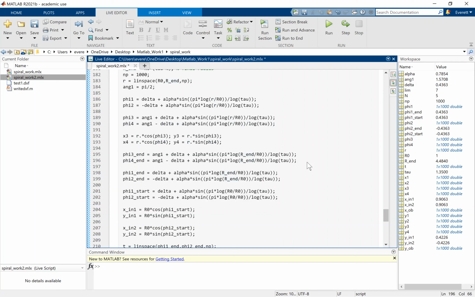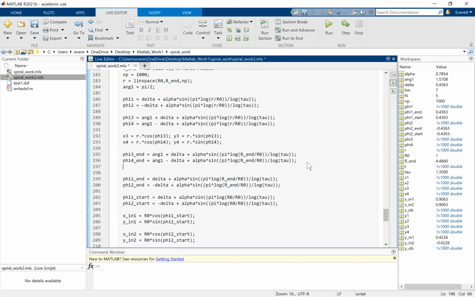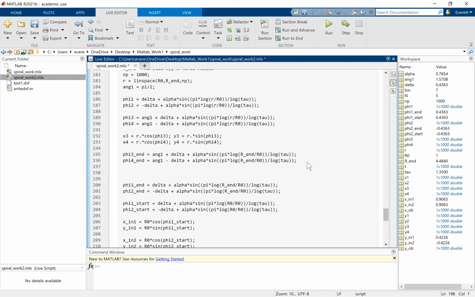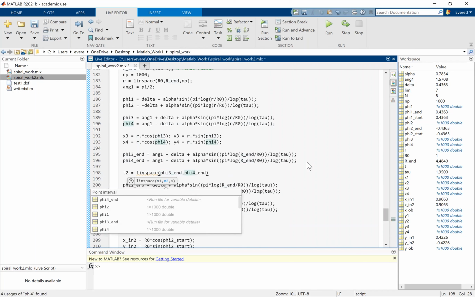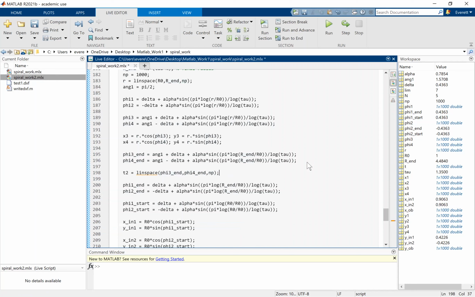All right, and then we just make a new independent variable. We'll just call this T2 to plot our outer bound. So T2 will equal linspace phi3_end, phi4_end. Let's just use NP.